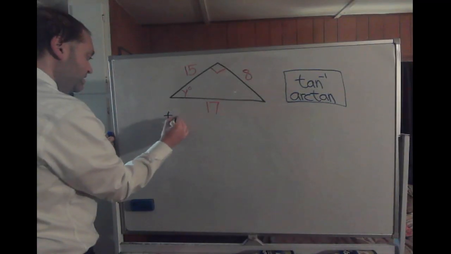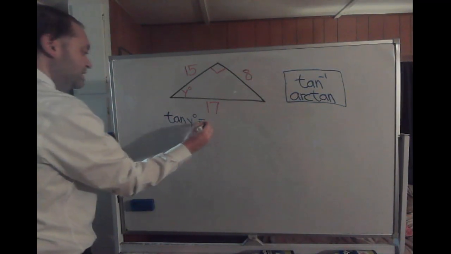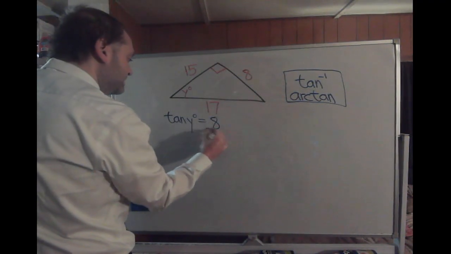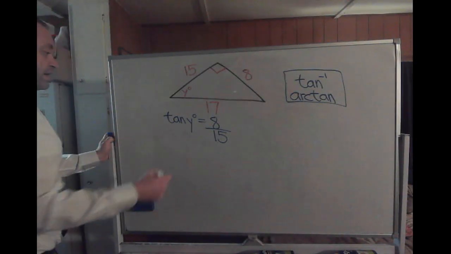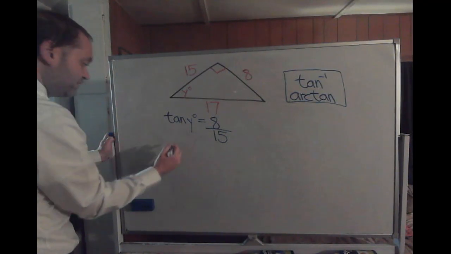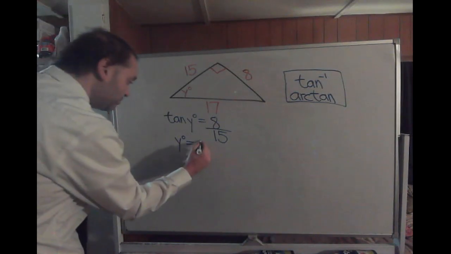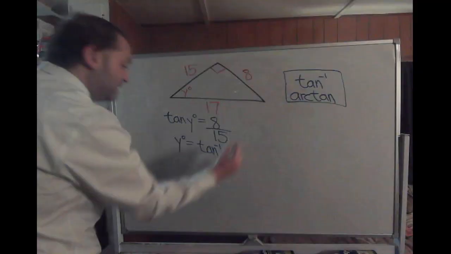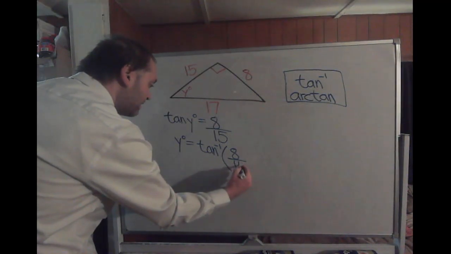So the tangent of angle y, tangent of y degrees, is going to be equal to your opposite leg of 8 over your adjacent leg of 15. Then you take the tangent inverse of the left side, that would just make y degrees by itself, equal to the tangent inverse or the arctan, however your calculator has it, of 8/15.